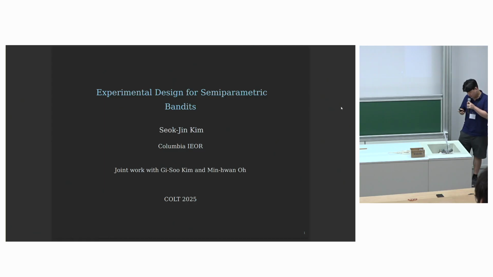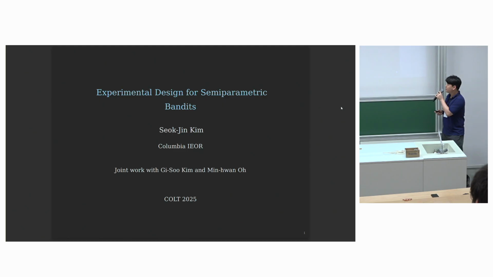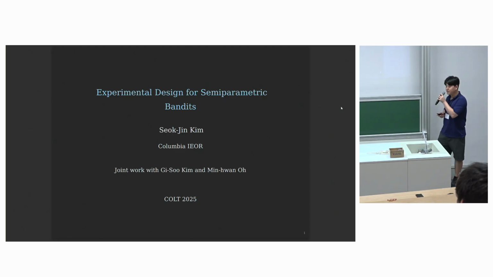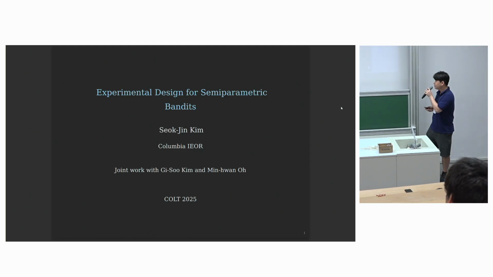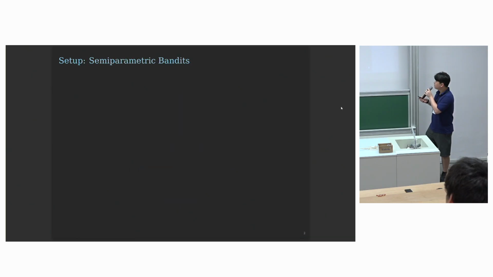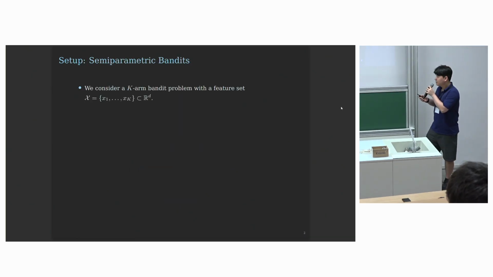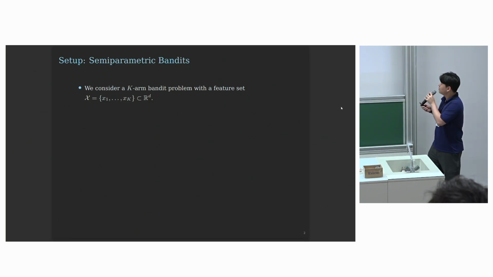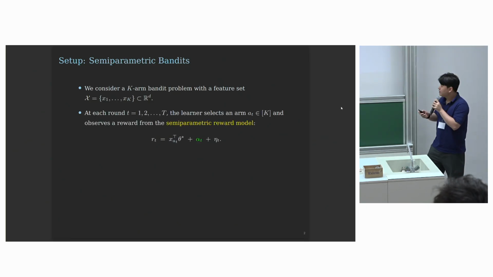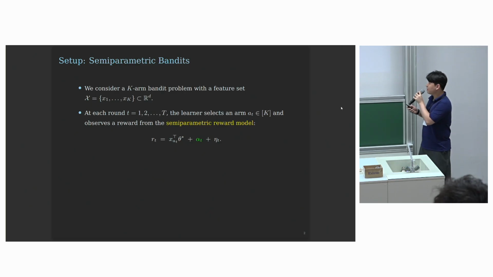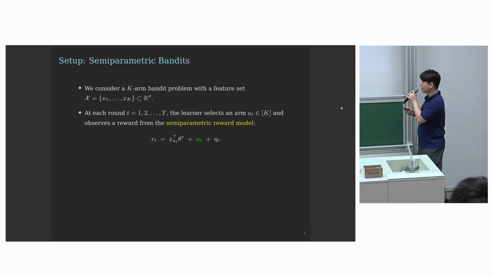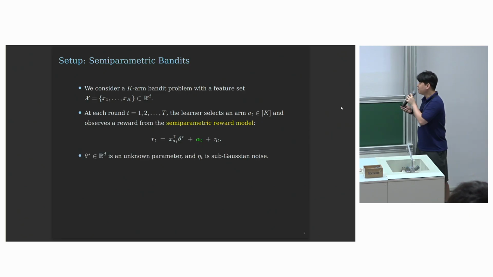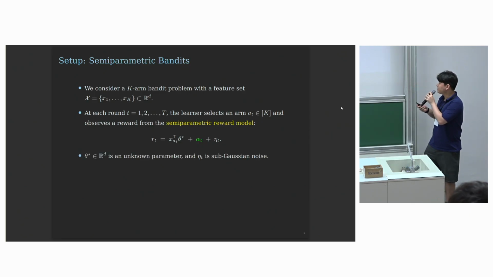Hello, everyone. I'm here to present our work, Experimental Design for Semi-Parametric Bandits, and this is joint work with Jisoo Kim and Minano. I'd like to introduce our setup. We consider a K-armed bandit problem with a fixed feature set X, but we assume the real-world model follows some semi-parametric model. Here is the model, where theta star is an unknown parameter, and epsilon t is sub-Gaussian noise.